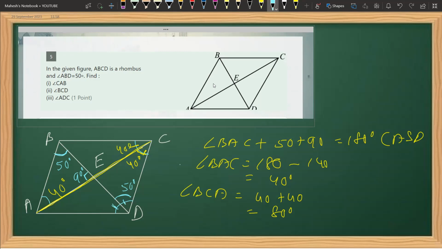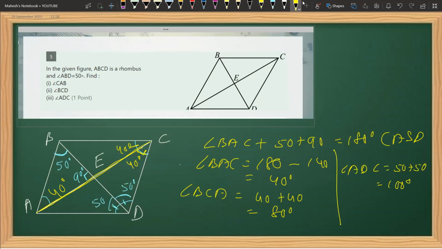That means angle ADB will be equal to angle BDC. As these two angles are equal, we can write this also as 50 degrees. Therefore, in the final part, we can write angle ADC as 50 plus 50, that is 100.